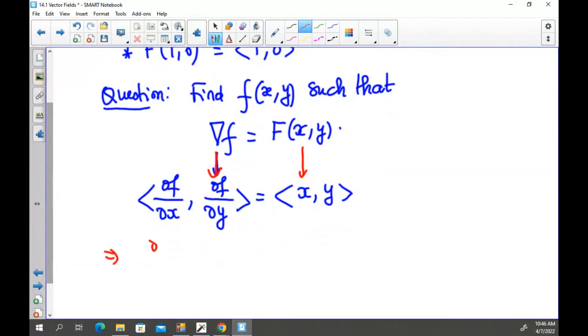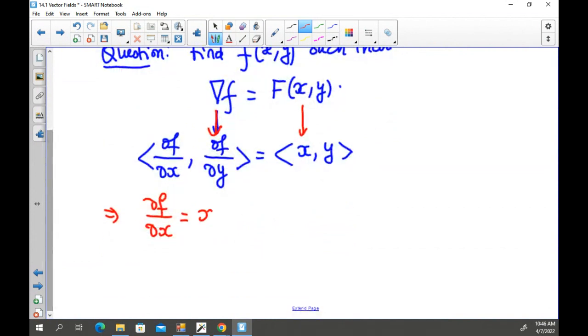So that means df over dx should be x, and df over dy should be y. Can I find the function f like this? Okay, let me show you how we will find this function small f.